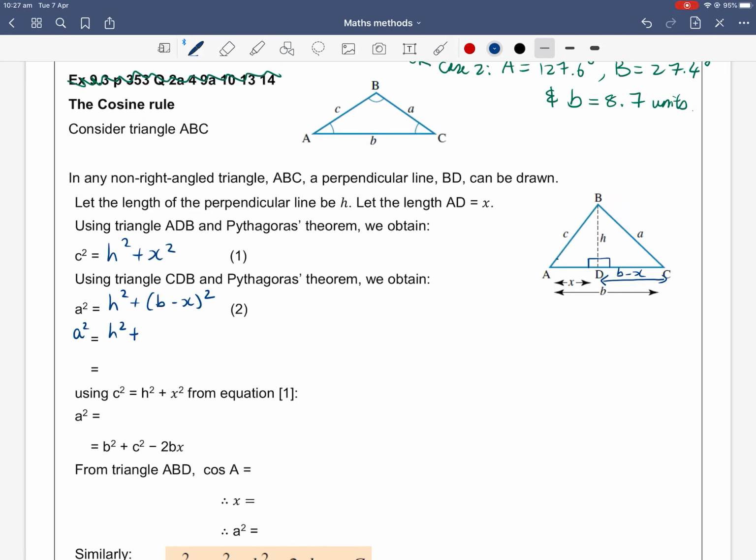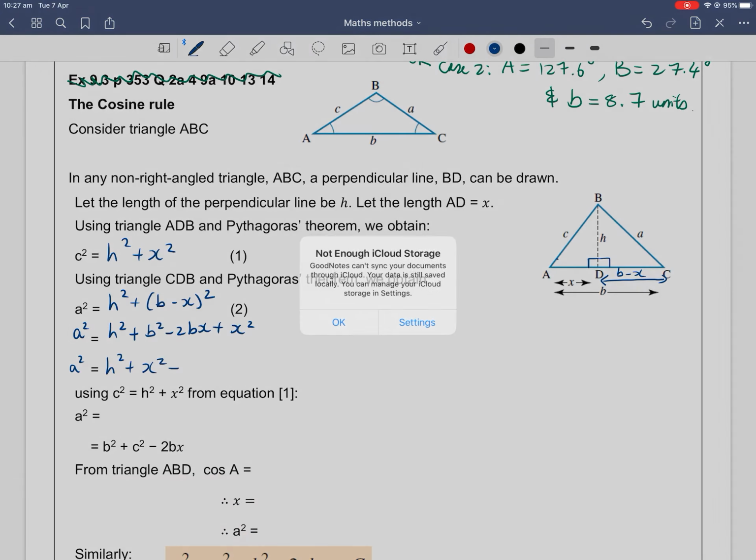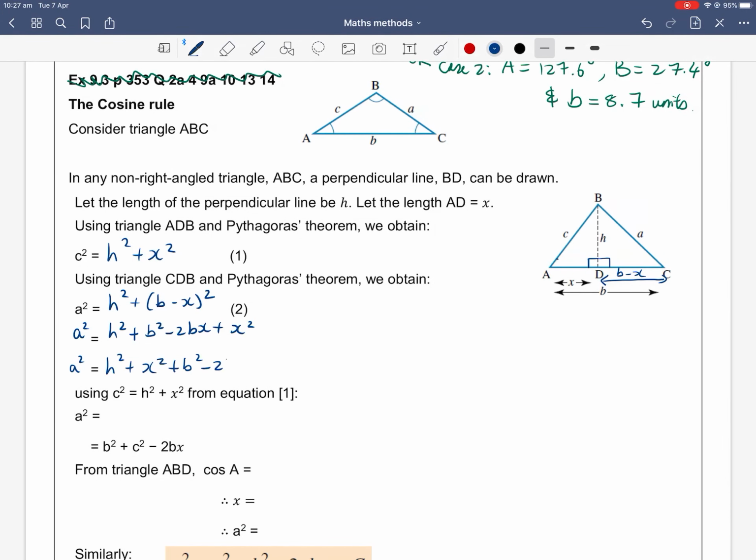Now let's expand that bracket. So a squared is h squared plus b squared minus 2bx plus x squared. Or rearranging, a squared is h squared plus x squared plus b squared minus 2bx.